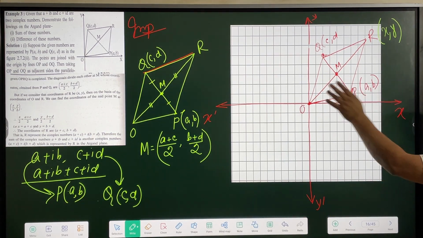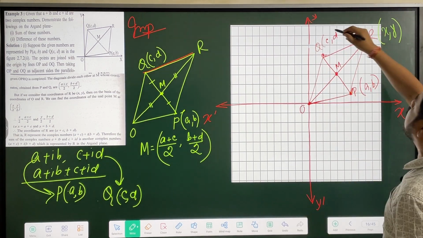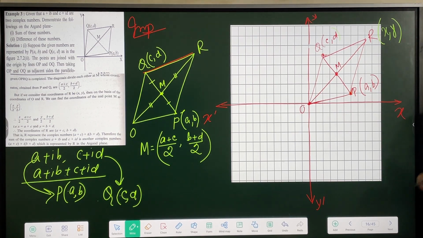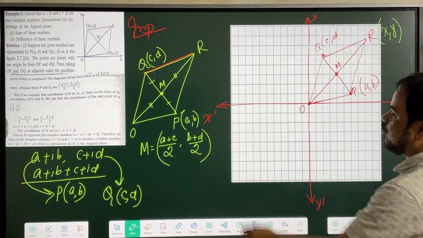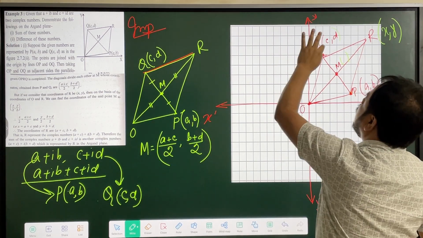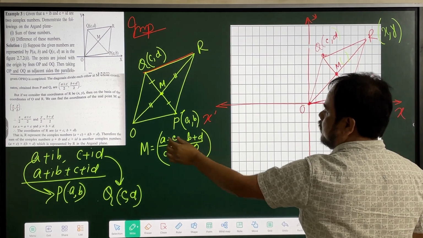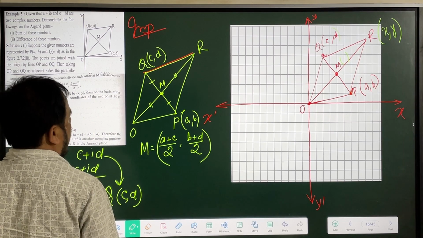P is A, B and Q is C, D, taken from the complex numbers. R we have taken as x, y because we don't know it, but M we have come to know just now.